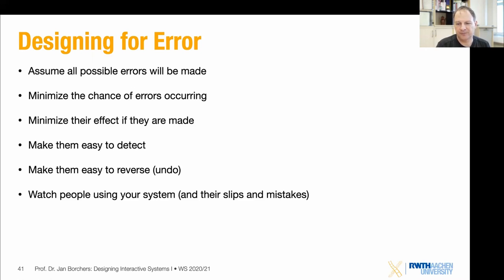I know a person who worked at Microsoft in the usability department back when this wasn't really a big thing yet. And she said her biggest success was when she forced engineers to watch movies in which users were making errors, right? In which users were just using their software and they made mistakes, and the engineers had no way to correct them. They had to just watch the user suffer through this mistake.